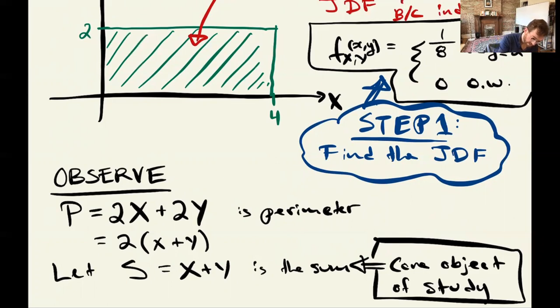All right, so again, just to reiterate, what's going on here is, I'm randomly selecting a point, bing, that's going to be my particular instance of x and y, and now I'm interested in summing up the perimeter of this rectangle.